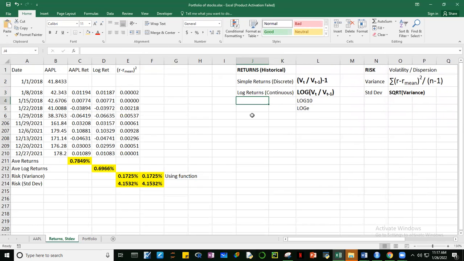Okay, so sabi natin, ang discrete returns, it's simply the ratio of the value now divided by the previous value minus 1. Okay, si log returns naman, yung continuous, it's just the log, particularly the ln, natural logarithm, of the ratio of the value now over the previous value. Okay, and we're using weekly data here.